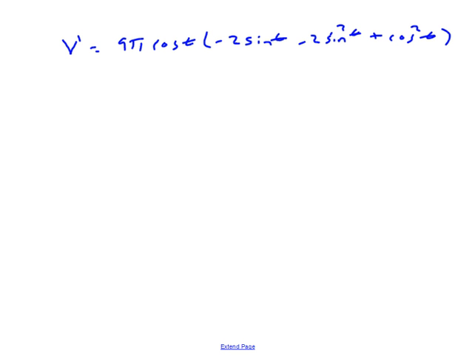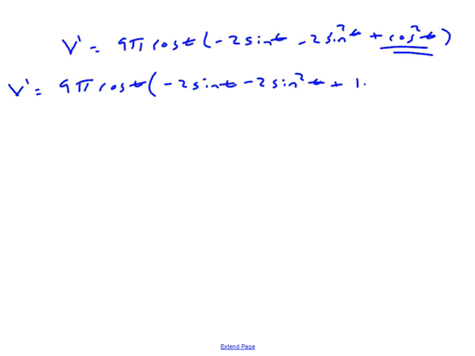So we have the derivative equals 9 pi cos theta times negative 2 sine theta minus 2 sine squared theta plus cos squared theta. And then we can rewrite cos squared theta as 1 minus sine squared theta.